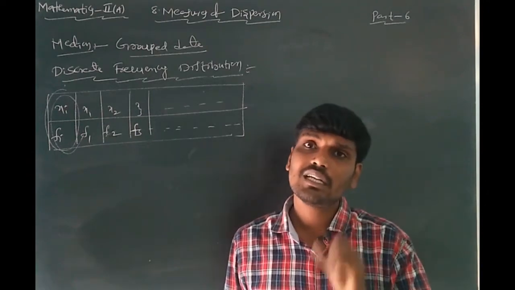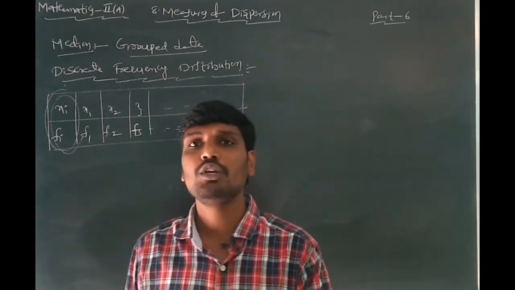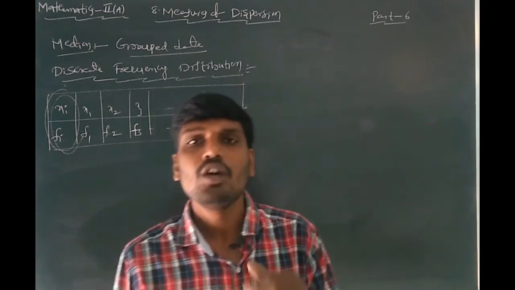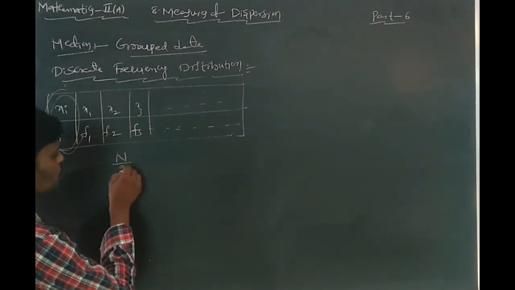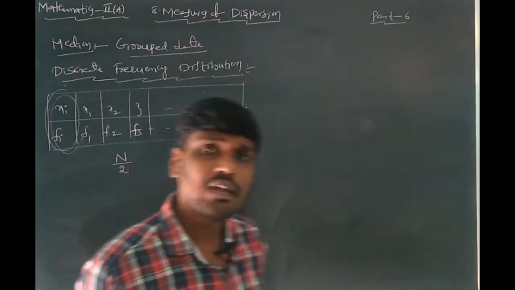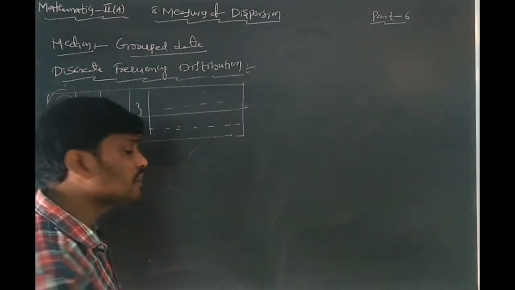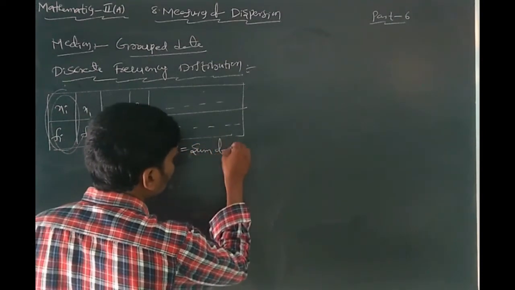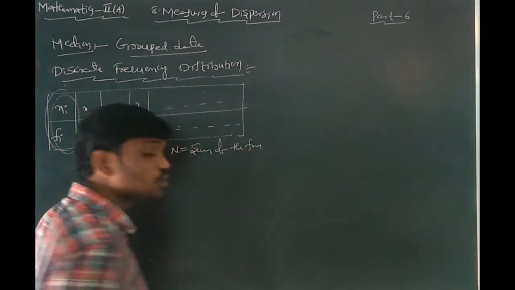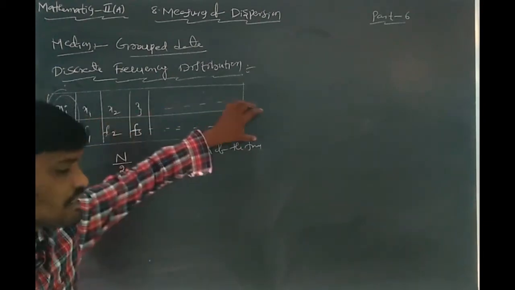In this discrete frequency distribution, you can find the median. First, you find the n by 2 value. What is the value of n here? N is equal to the sum of the frequencies.